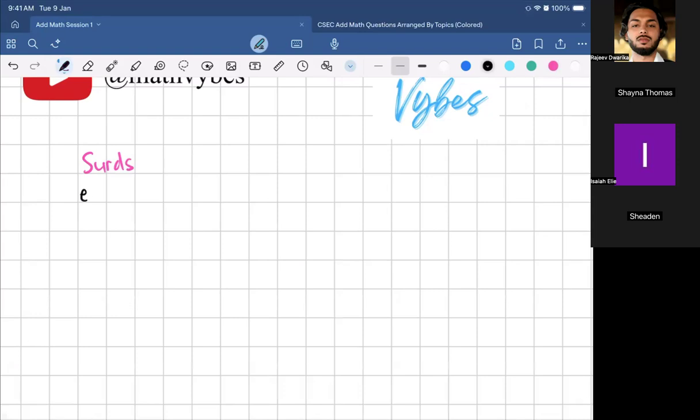So some examples of this would be the square root of 16. That's a surd. Did you know that? Not until now. Square root of x, square root of 64. Basically, anything that has a square root sign in it is called a surd. Right?